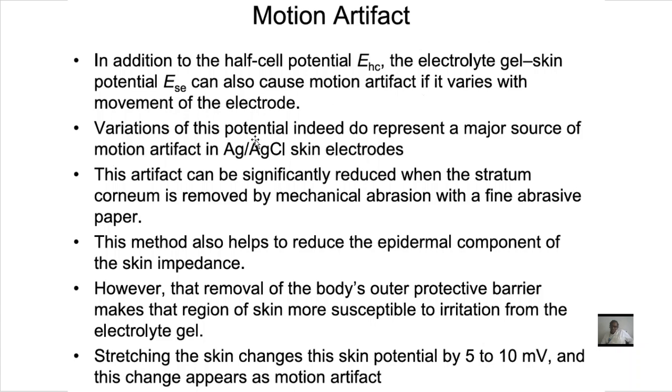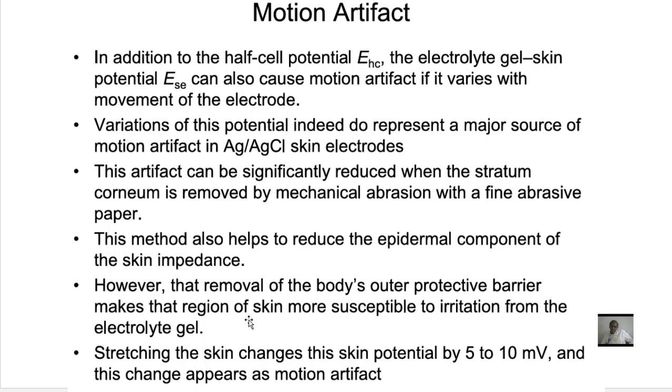Variations of this potential represent a major source of motion artifact in silver chloride skin electrodes. This artifact can be significantly reduced when the stratum corneum is removed by mechanical abrasion with a fine abrasive paper. This method also helps to reduce the epidermal component of the skin impedance.